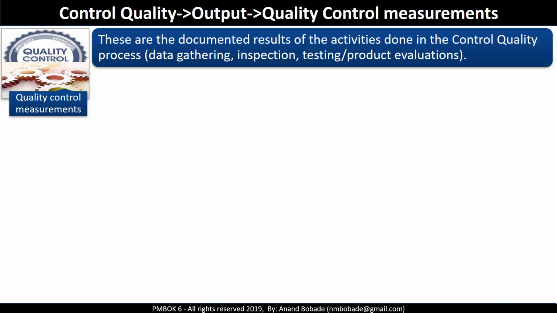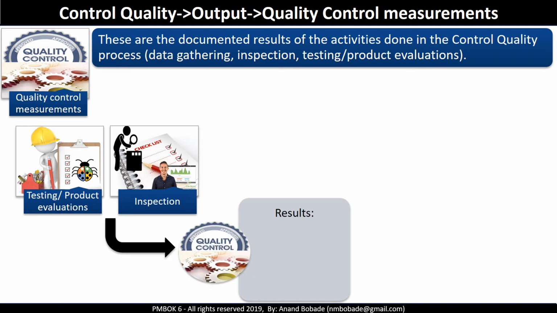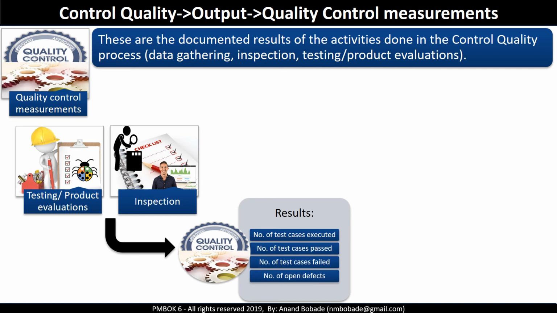These are the documented results of the activities done in the control quality process. For example, when testing or inspection is done, you may get results like number of test cases executed, number of test cases passed or failed, number of open defects or closed defects. These results further act as input to the manage quality process.